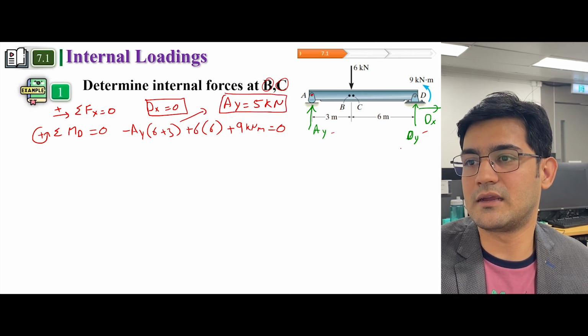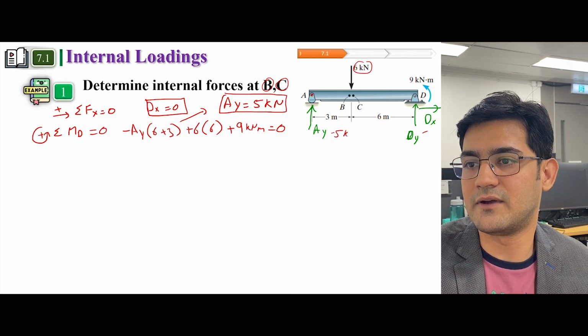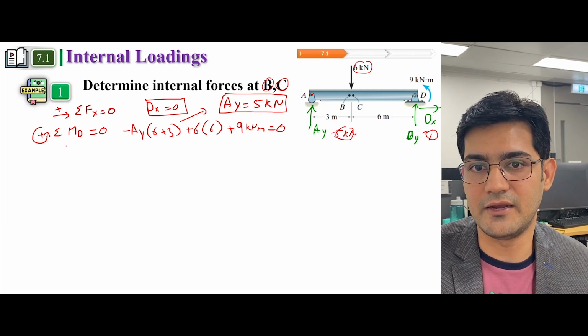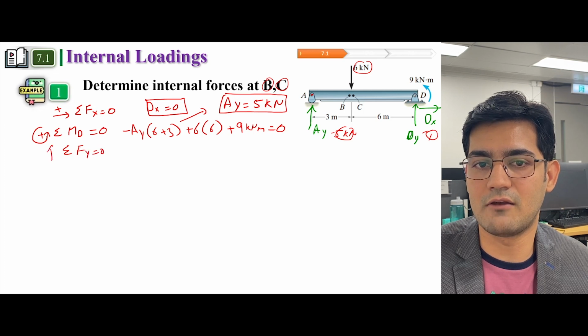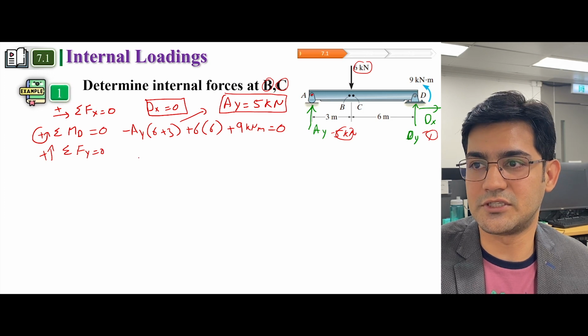Now we can calculate DY simply because the load is 6 kilonewton, and we know AY is 5 kilonewton, so DY has to be 1. But let's find it properly. Summation of Fy is equal to 0, and the convention is that all the forces acting upward are positive.